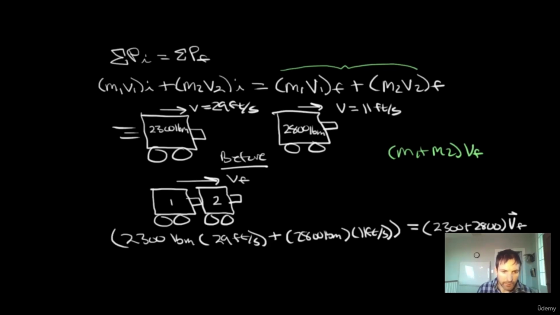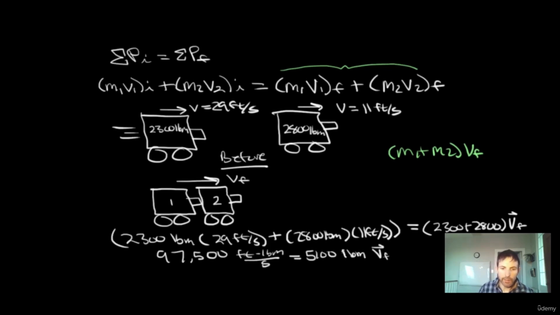So I'll have 97,500. That's feet pound mass per second. It is going to equal 5,100 pound mass times velocity final.